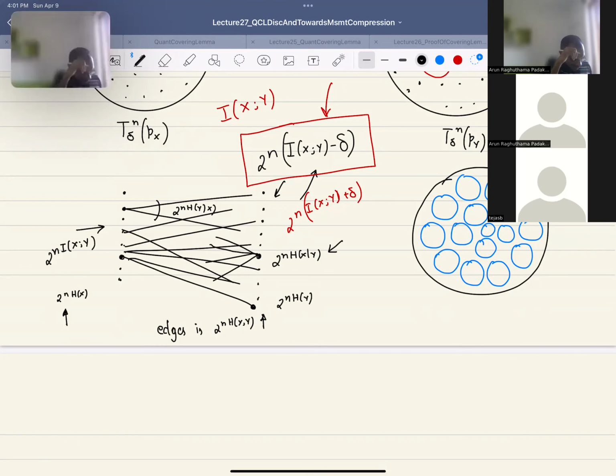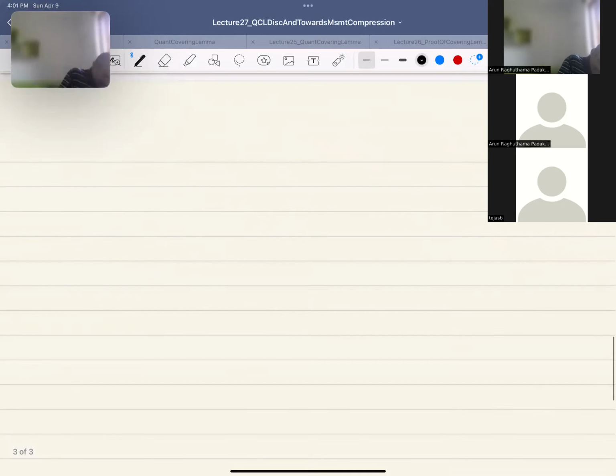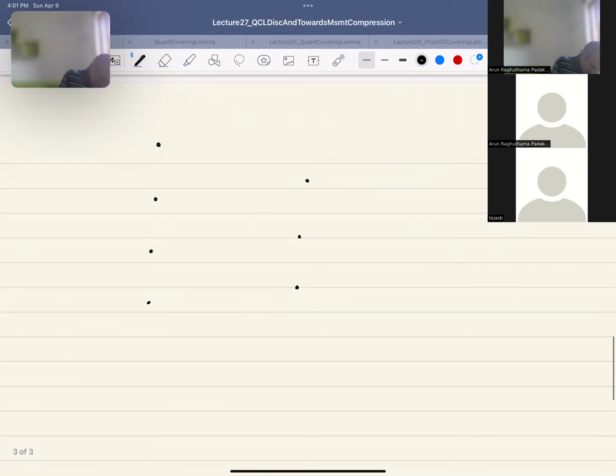Correct. Okay. And what nature is doing, so maybe I'll make this figure slightly better. So something like this.